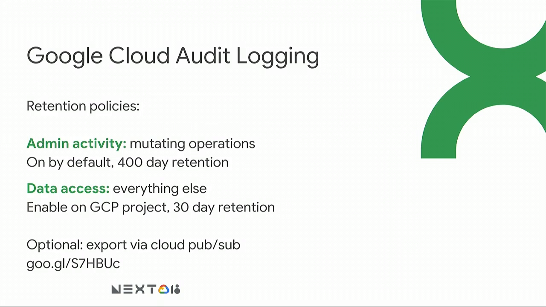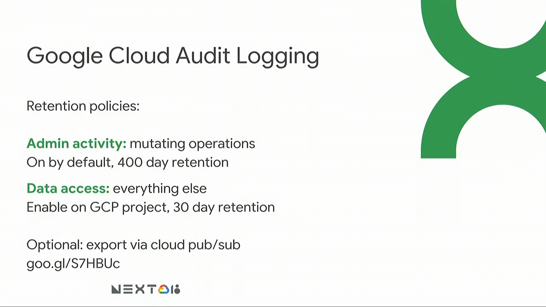So if you've ever been in a situation where you had an incident and then you looked after the fact just to realize that you forgot to turn on logs, well, on GCP, we give you 400 days of retention of what we call admin activity logs by default. So that's mutating operations. On GKE, that's things like creating new Kubernetes pods or upgrading the version of your GKE nodes.